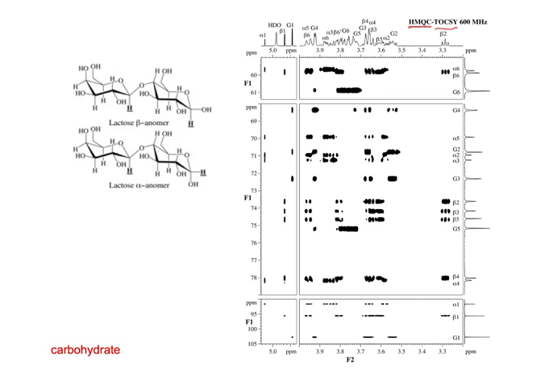Let's see. So here is, for example, the beta 1. So here, we'd probably start down here. Here's the beta 1 carbon. And if we go vertically, we can see all of the carbons attached to that proton.